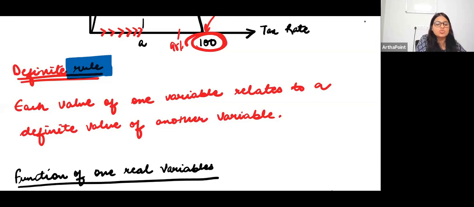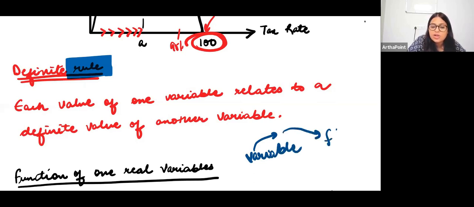So, a definite rule. Now you have to understand that for now, I am saying that each value of the variable gives me a corresponding value of the function.